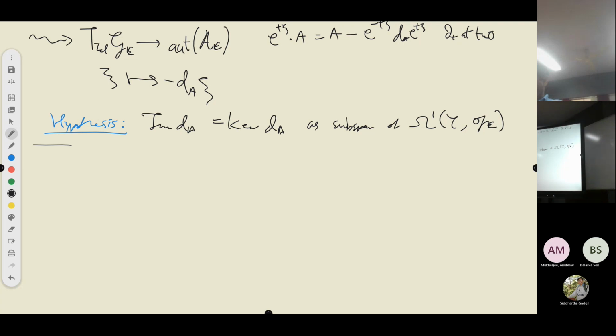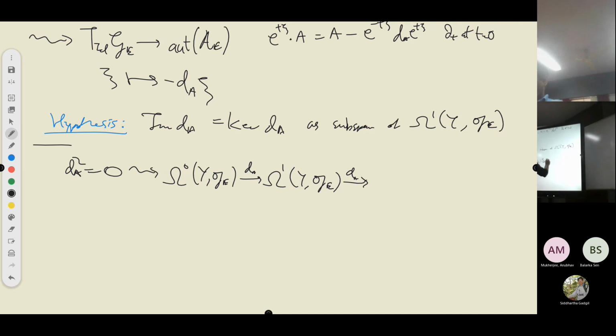we know that dA squared is equal to 0. So what this means is that we have a complex of sorts. So we have this complex, and you should think of this as a deformation of your usual de Rham complex that you see with differential forms.